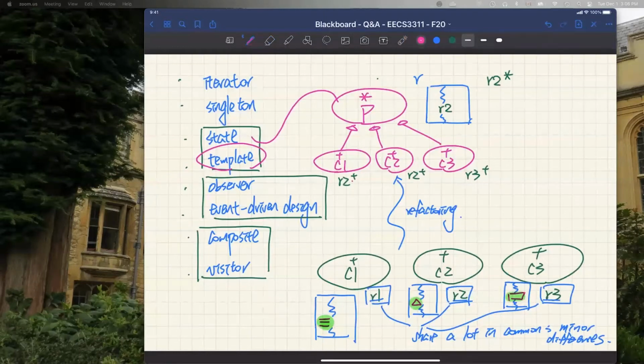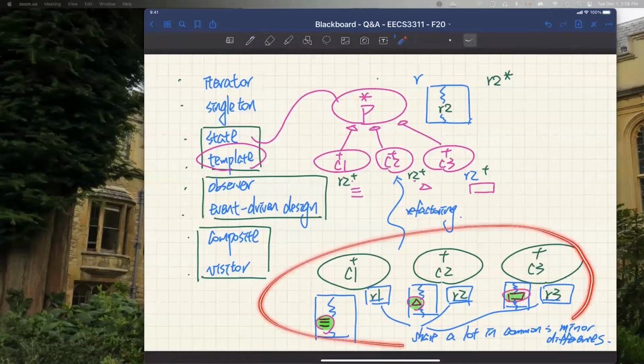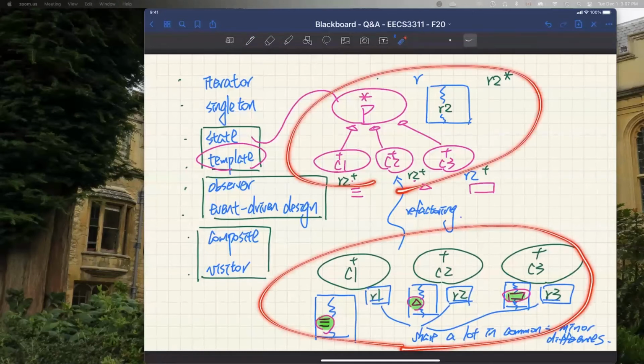The R2 in C1 is going to be this, and R2 in C2 is going to be the triangle. Sorry, this should also be R2. And the R2 in C3 will just be the rectangle over here. Hopefully you can see that conceptual refactoring, from a design that violates the single choice principle into the template design pattern. That's really the rationale.